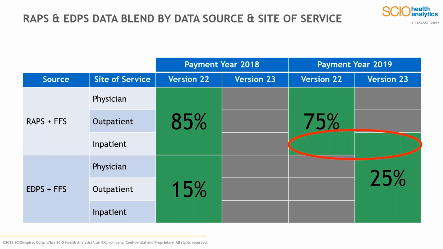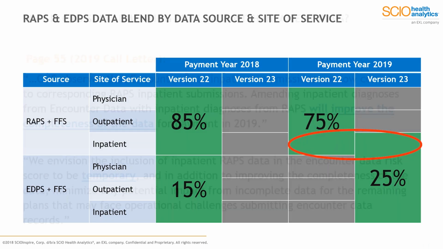You also have to make sure that whatever you put on a RAPS file for physician and outpatient is reconciled to what's on the EDPS side for physician and outpatient, because 25% of that will be from EDPS, and that will be growing.